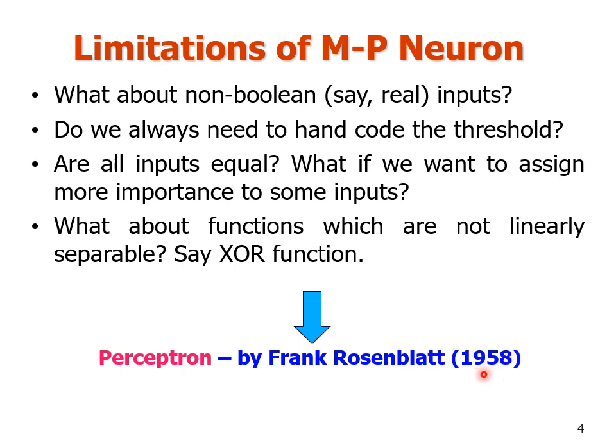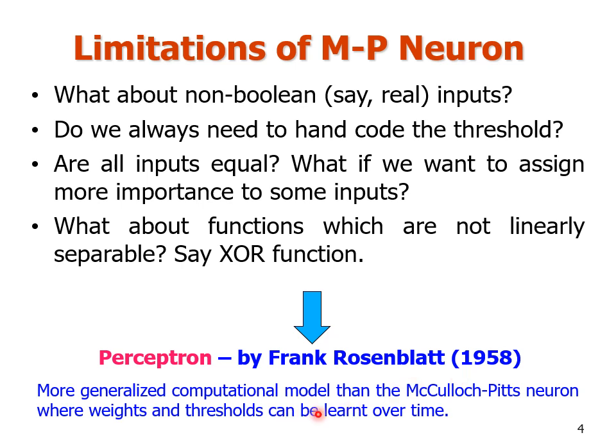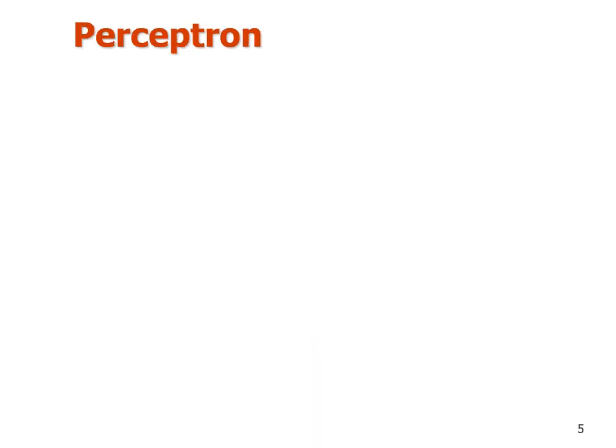It is a more generalized computational model than the McCulloch-Pitts neuron, where weights and thresholds can be learned over time. So now let us focus upon our new interest, and that is perceptron.